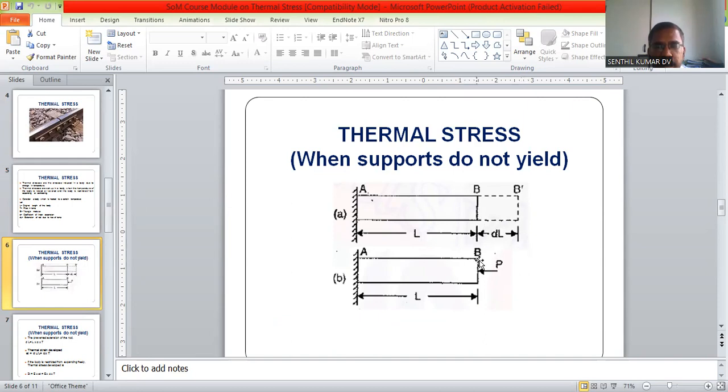But if we keep a support on the right side also, the support will exert a compressive force on the body, which will prevent the body from expansion.